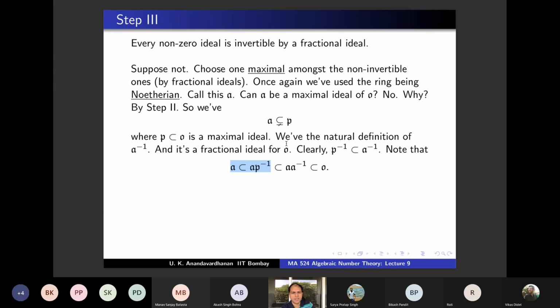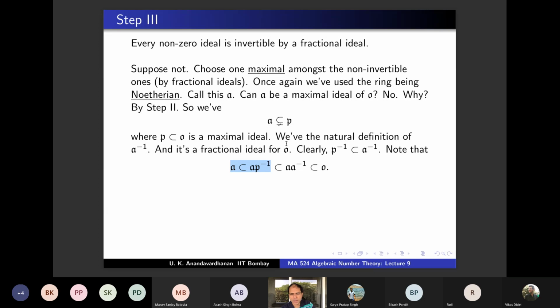Every ideal is finitely generated. So you've got a finitely generated module contained in the quotient field such that x times A equals A if x belongs to P inverse, which will show that x is integral over O, because A is an O module. A is an ideal, which means an O module. So x is integral over O, but O is integrally closed, therefore x belongs to O.